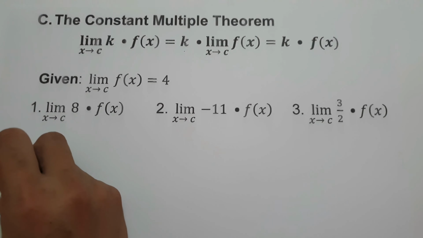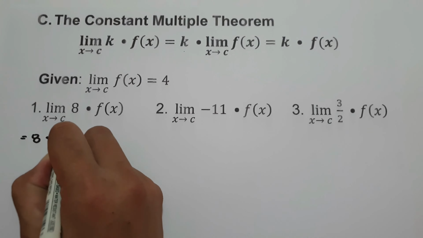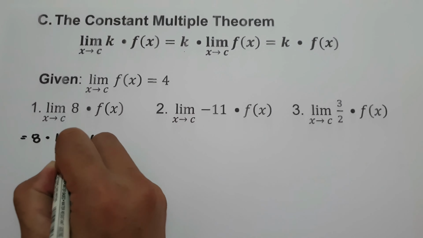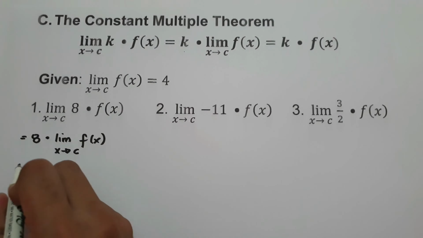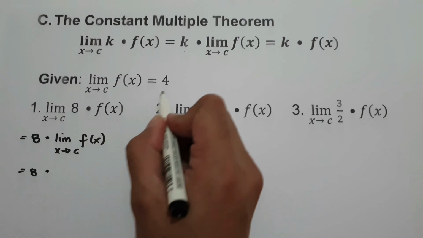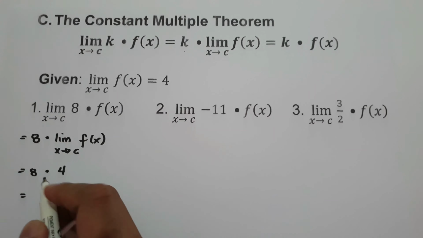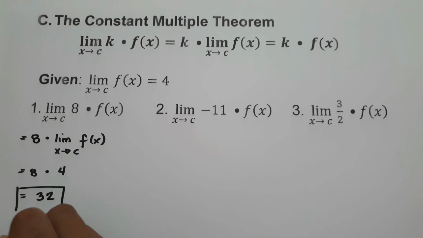We are going to have 8 multiplied by the limit of f of x as x approaches c. So let us write 8, and the value of the limit of f of x as x approaches c is 4. So therefore, we have 8 times 4, that is 32. And this will be our answer.